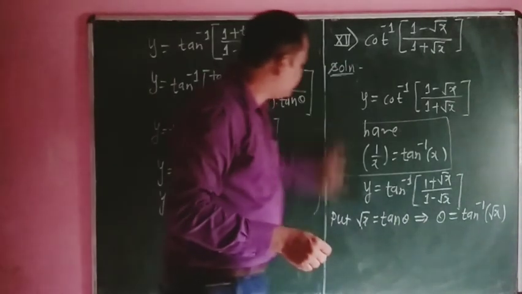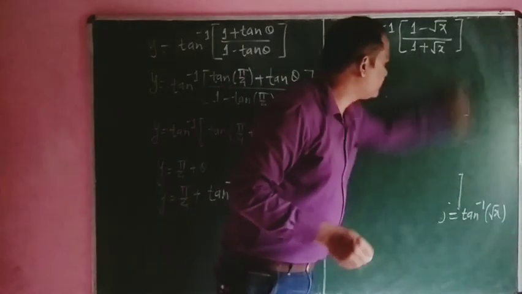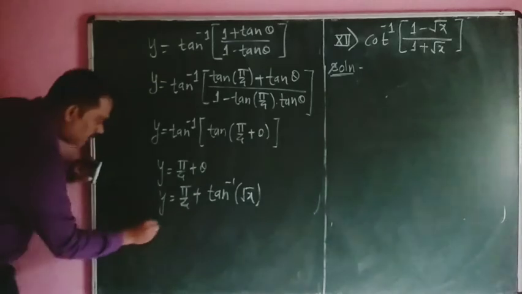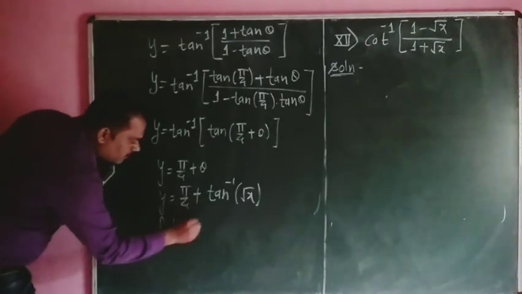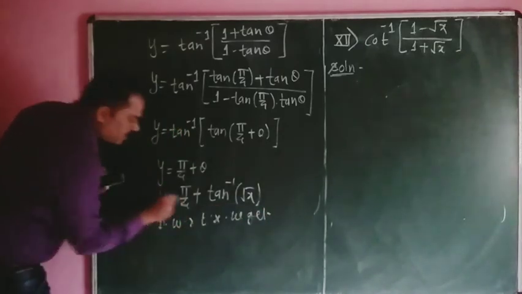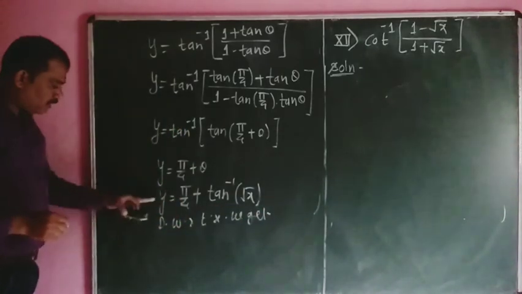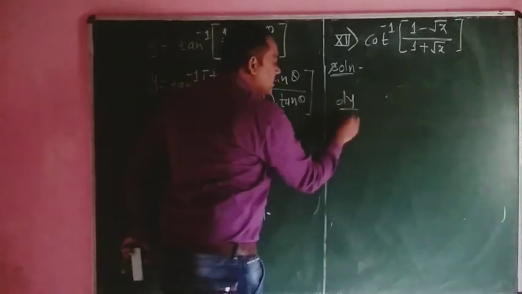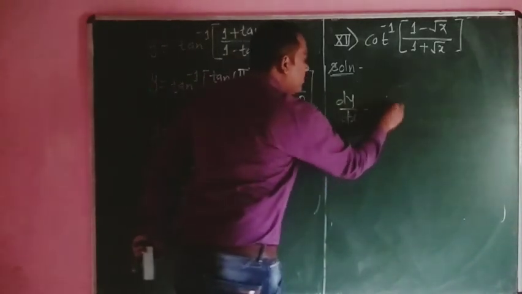We get, differentiating with respect to x, pi by 4 is a constant, so its derivative is 0. Derivative of y with respect to x is dy by dx is equal to 0 plus.